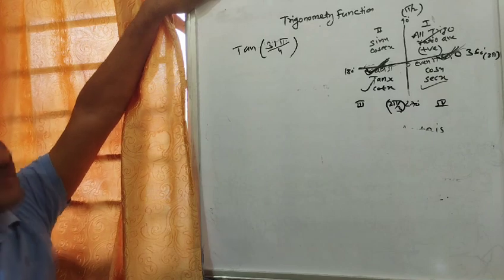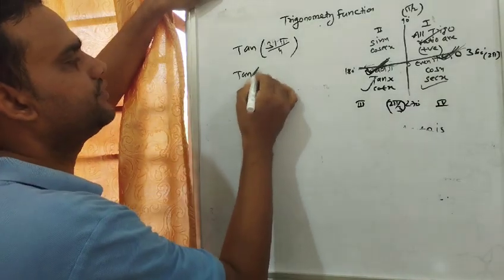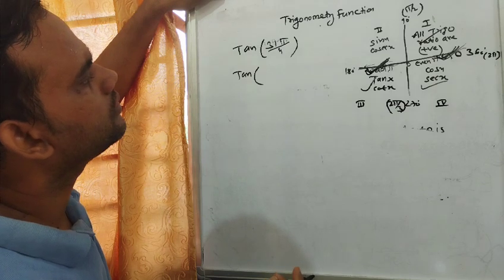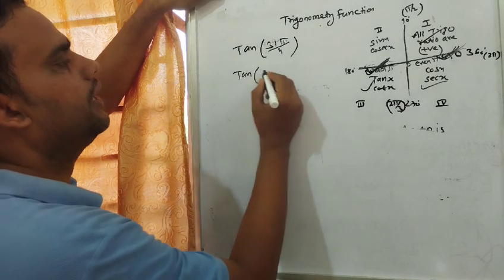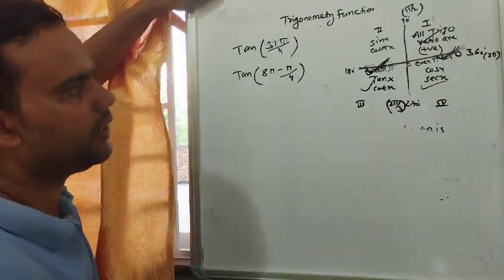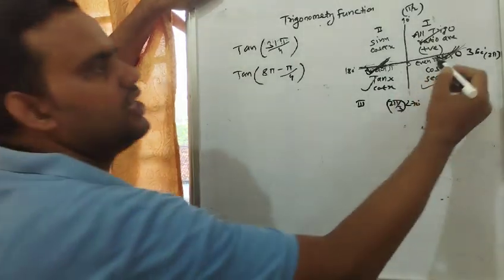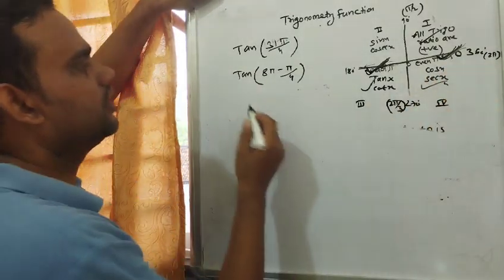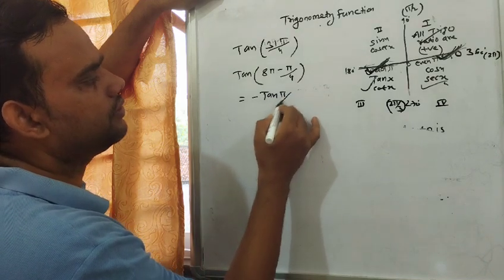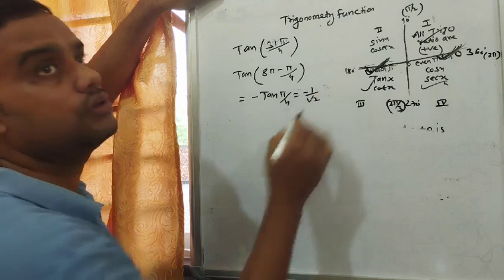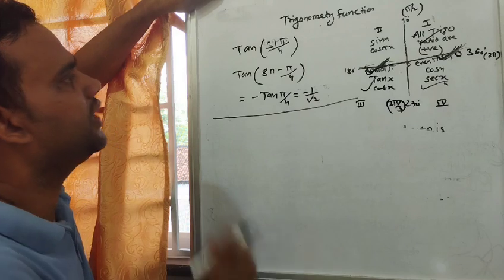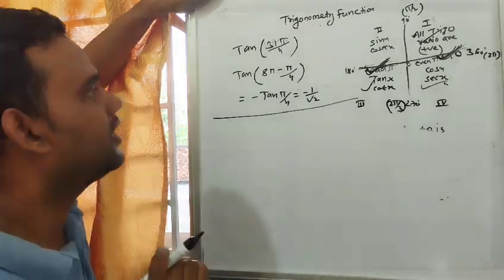We write tan of 8 pi minus pi by 4, because 32 pi minus pi is 31 pi by 4. 8 pi is an even place, and minus means the fourth quadrant. In the fourth quadrant, it is minus tan pi by 4. So the answer is minus 1. Like that we can do any questions. If pi is there, we can do it like this.